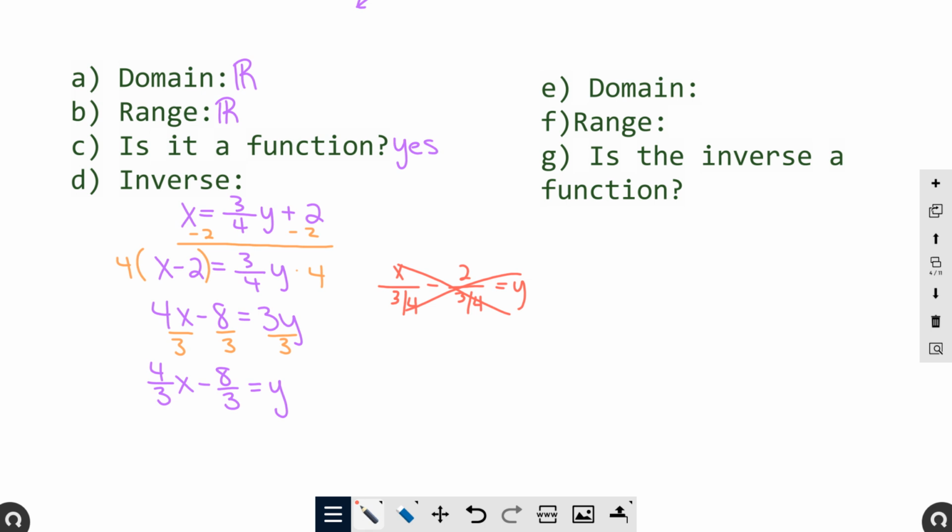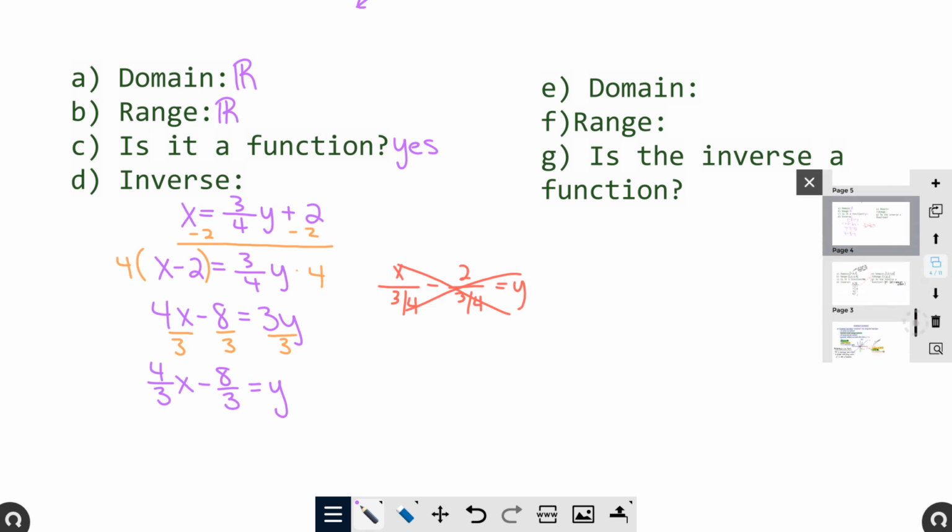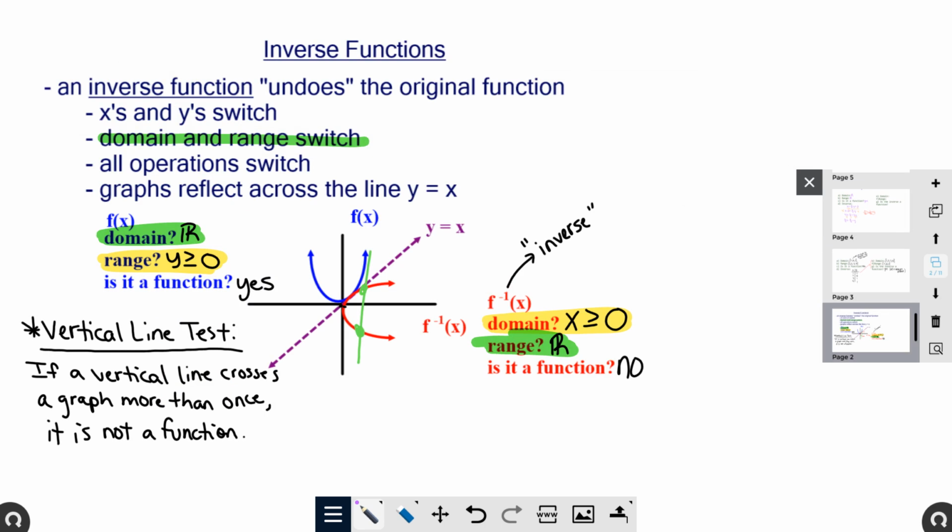Now, no matter what I just did, I ended up with this function here. What kind of function is this one? If you were to graph it, what would it look like? It would still be linear. It'd still be a line, right? Remember what we talked about on that first slide when we had our graphs? We reflected over the line y equals x.